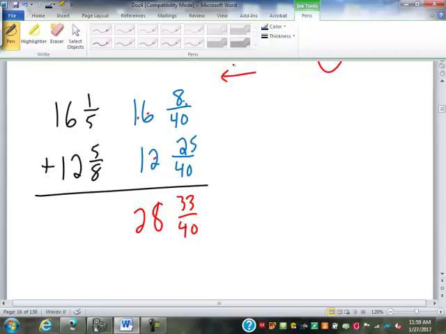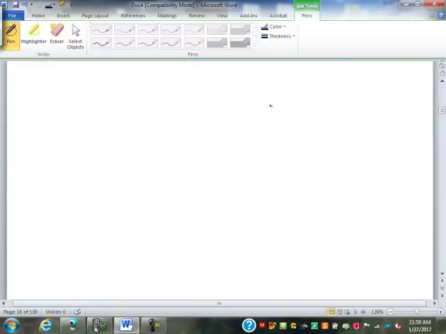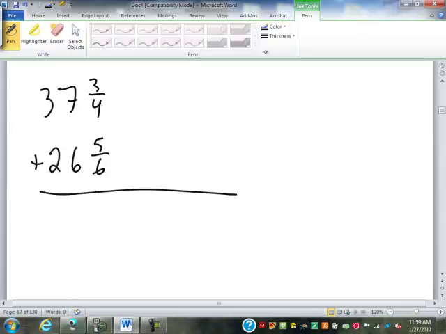It doesn't stay that simple, of course. We run into things like this: 37 3/4 plus 26 5/6. What's our common denominator going to be? 12.